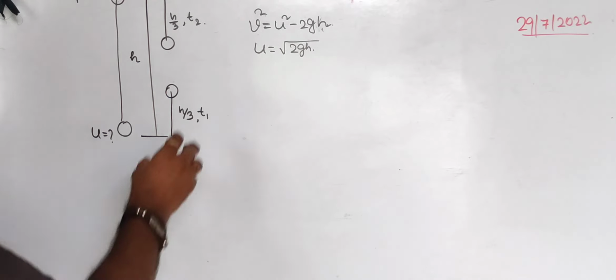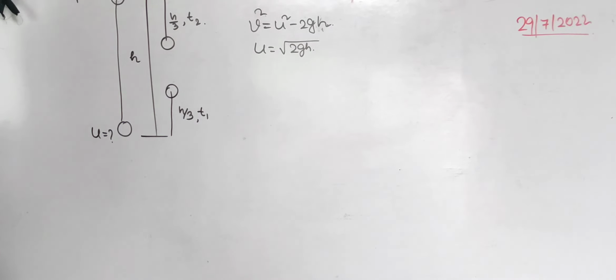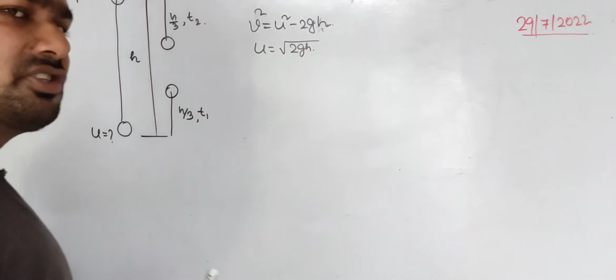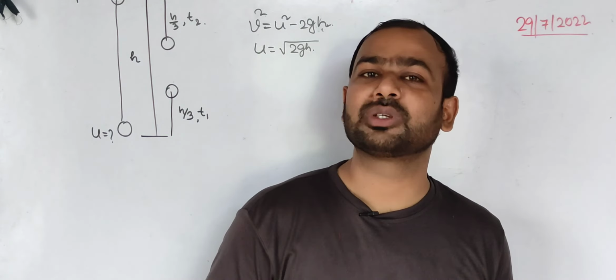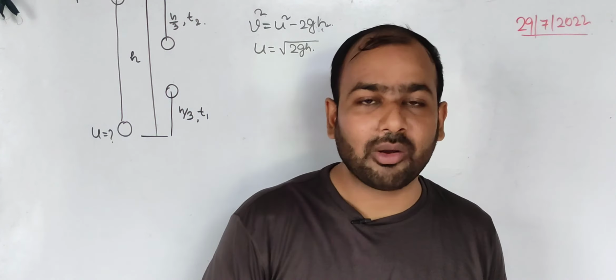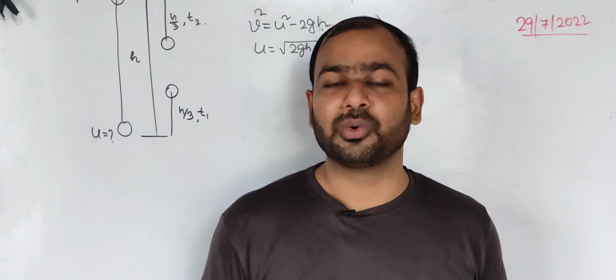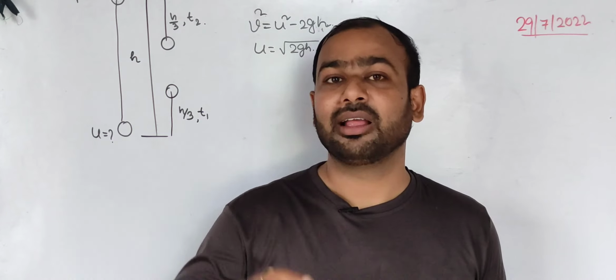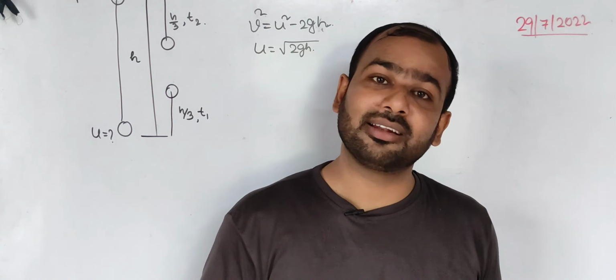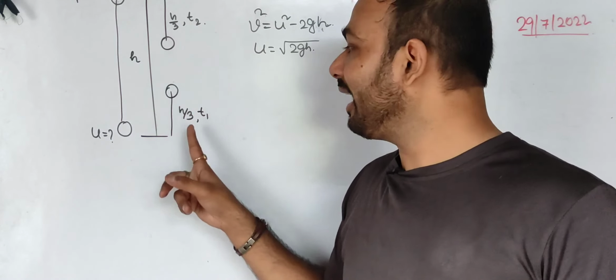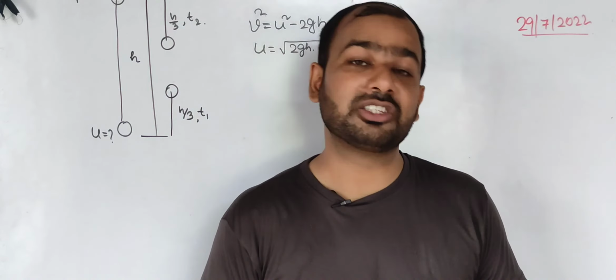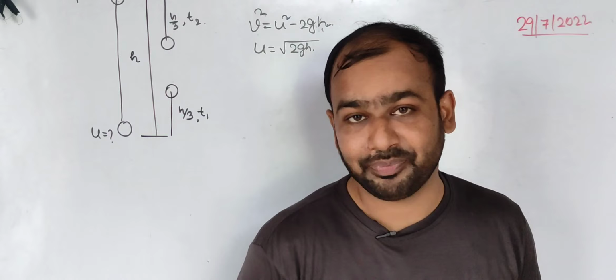Fine. We have to find two times, t1 and t2. If we construct a quadratic equation of time, the roots can be t1 and t2, because t1 and t2 are the timings in a single interval. That means in a single equation we can get t1 and t2 as roots if we construct an equation in terms of time.